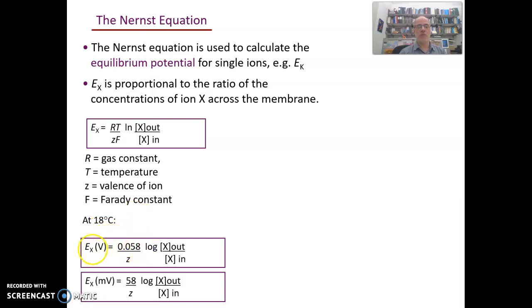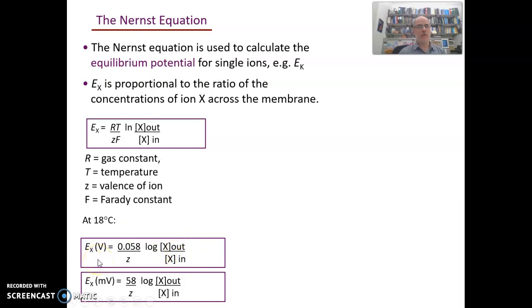you end up with a value of 0.058 that you divide by the valence of the ion being considered, and then you multiply by the log base 10 of the ratio of the concentration of the ions outside divided by inside the cell.